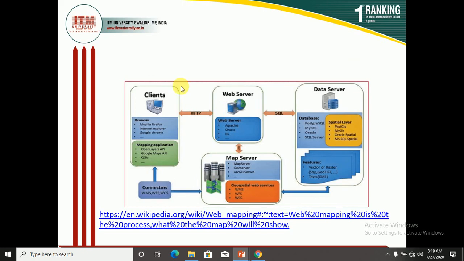Here it is explained more clearly. Suppose you are using a browser like Mozilla Firefox, Internet Explorer or Google. These are certain maps which are generated by GIS, like Google Map or QGIS. This information, with the help of Internet Explorer or Chrome, is fed into the particular web server.